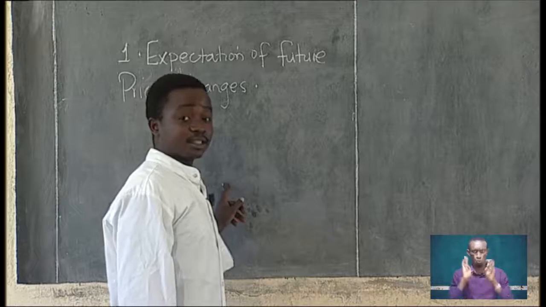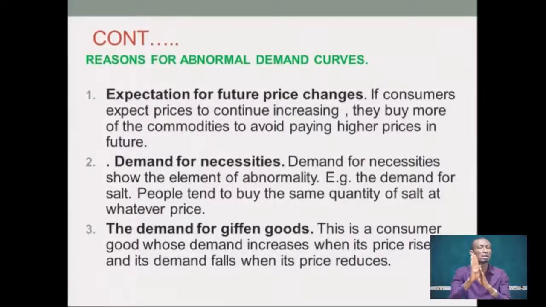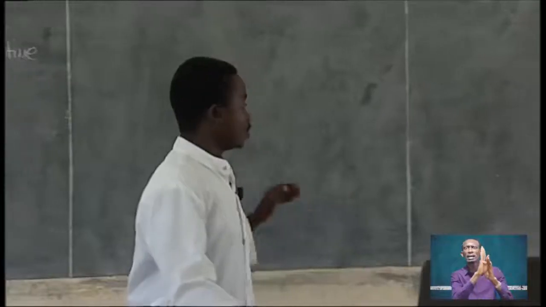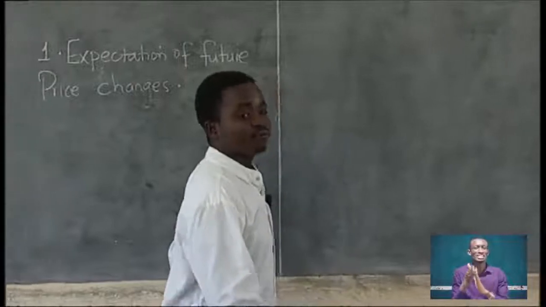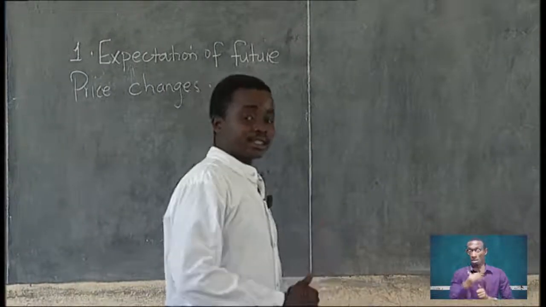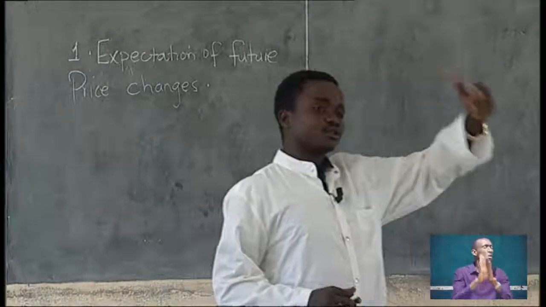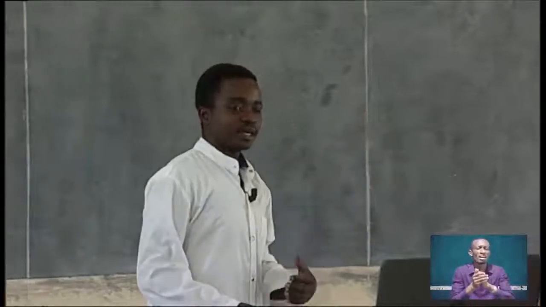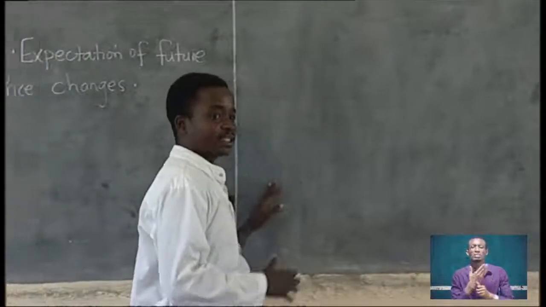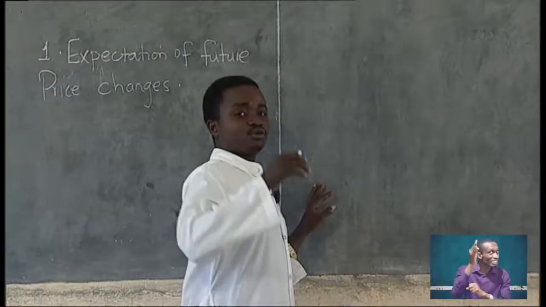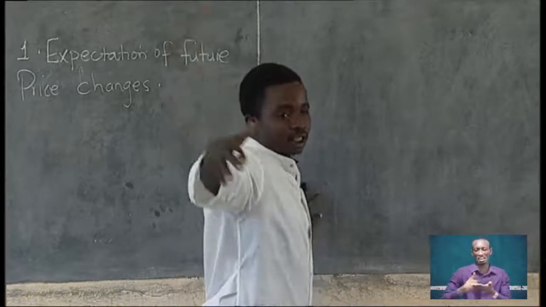So in this case, you can see that at a higher price, consumers are buying more. That is abnormal because according to the law of demand, we expect low quantity demanded at a higher price. But in this case, consumers are expecting prices to keep on rising, so they keep buying more, storing the goods at the prevailing price, so that they don't suffer paying higher prices in the future.